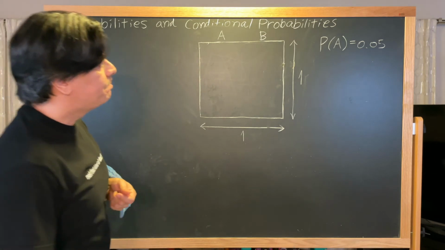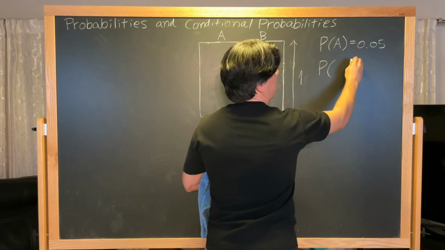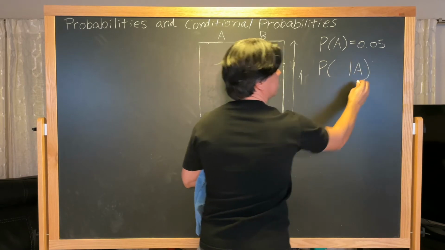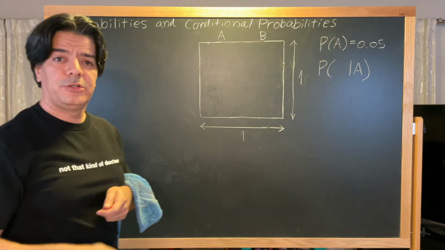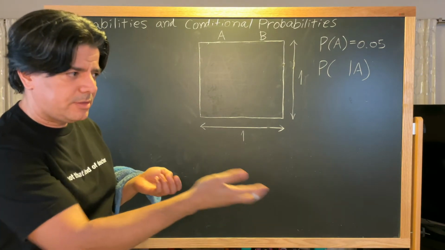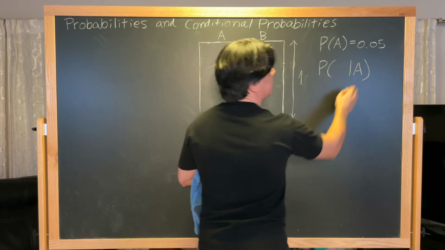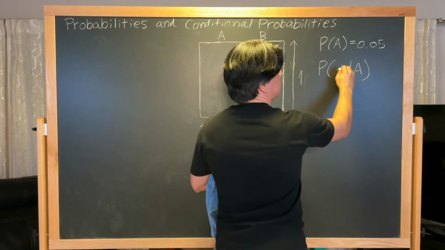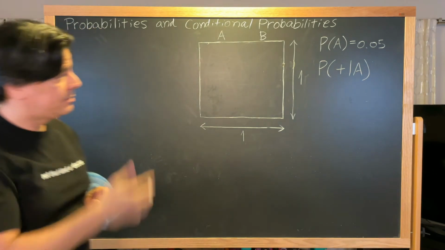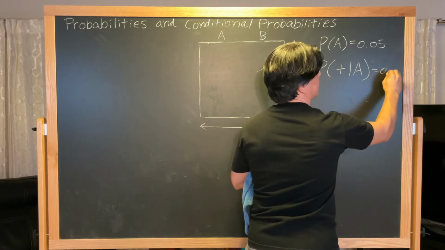Here's what happens. For the people who are allergic, given that you are allergic, and I know that because I can look at the track record of the test and the experiments they ran, the chance that the test will return positive, the plus is going to be my positive, is 80%. Okay? So pretty good.